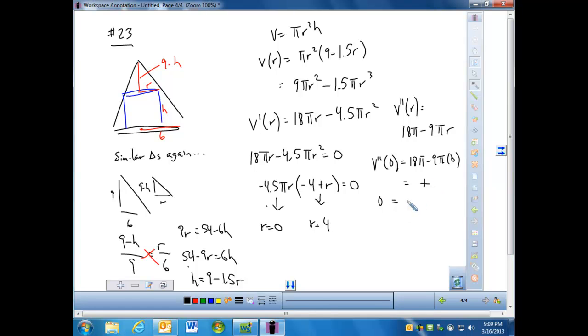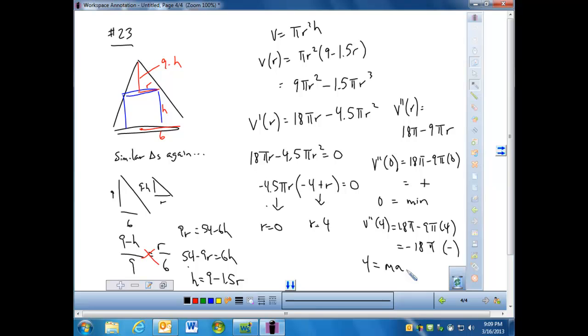If I plug in 4 right now, I'm going to get 18 pi minus 36 pi, which is going to give me negative 18 pi. Negative result tells me that this is concave down. And if it's concave down, then that makes 4 a maximum. Again, I'm looking for a maximum volume for my cylinder here.